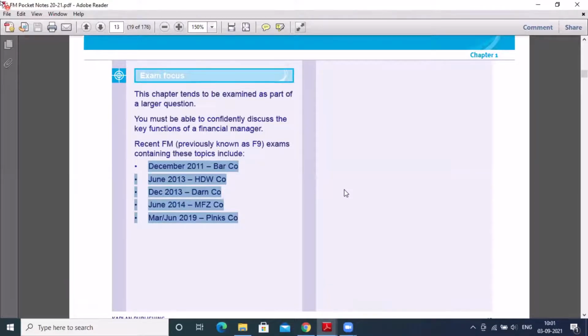Now, shall we discuss a case related to this? Shall we discuss a case from your examination kit? Yeah. Now let me open this June 2009 paper. Let me show that.